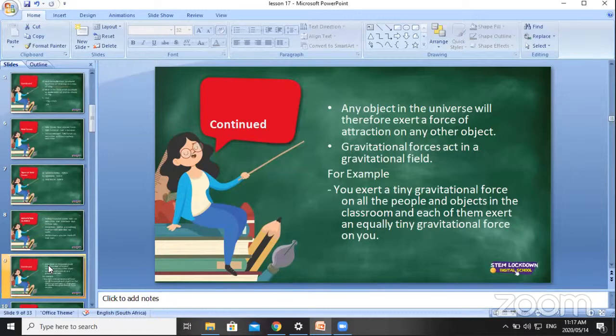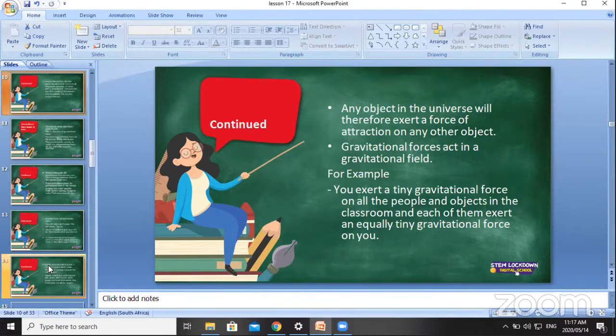It's a tiny one. Every other object around you is also exerting a tiny gravitational force on you. This force is balanced because you are exerting an equal force back. The wall is pulling you and you're also pulling the wall back with that tiny force, hence there is no effect.